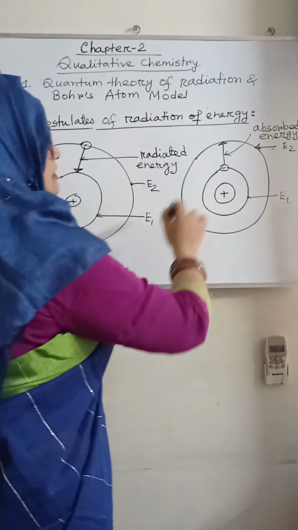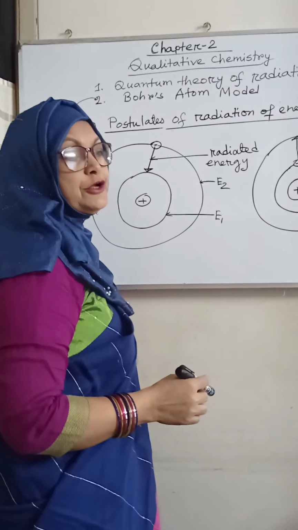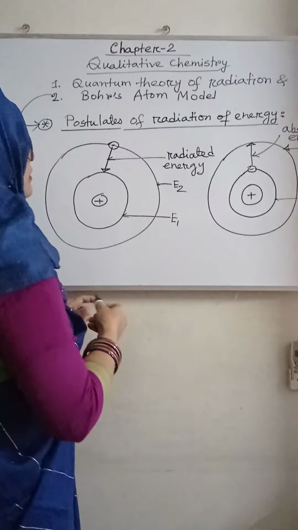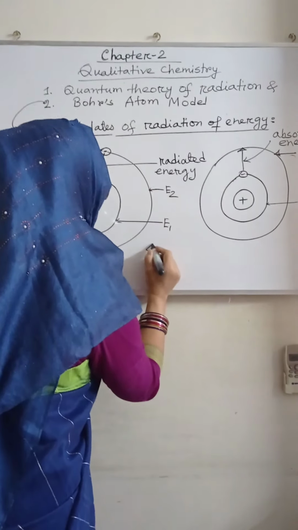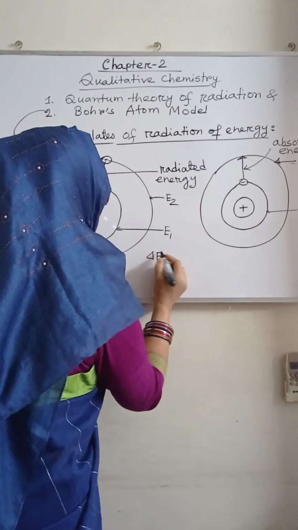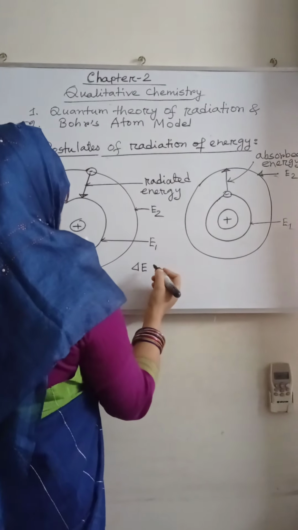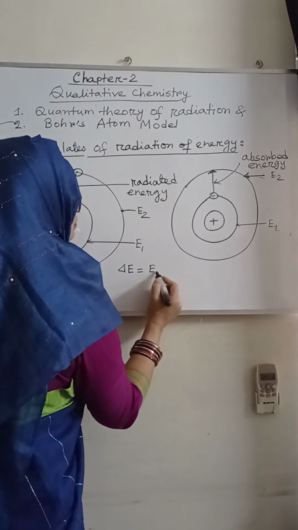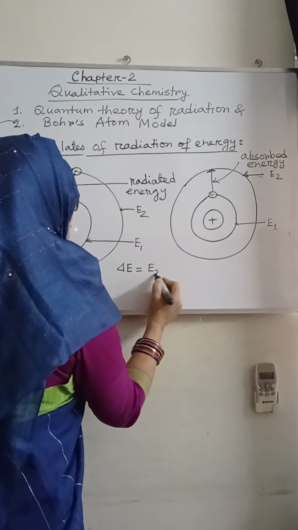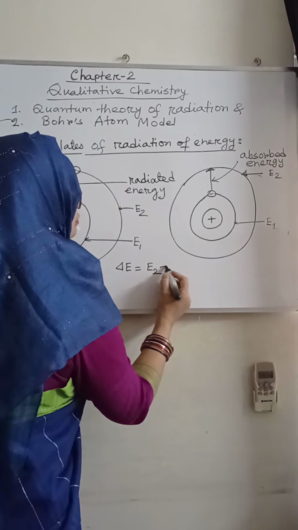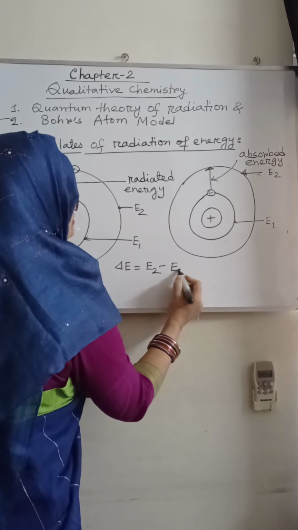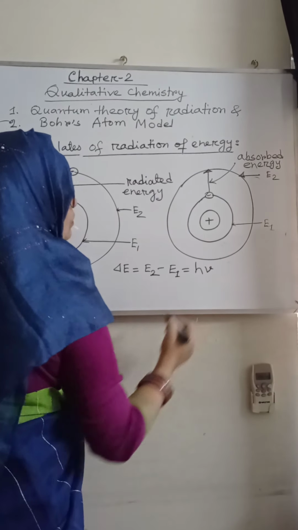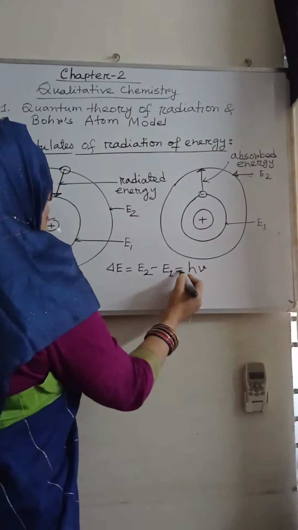And this absorbed or emitted energy is equal to the difference between the energies of the two energy levels. This is h nu.